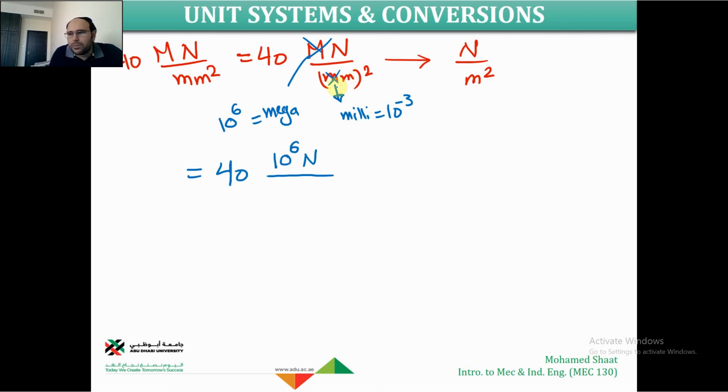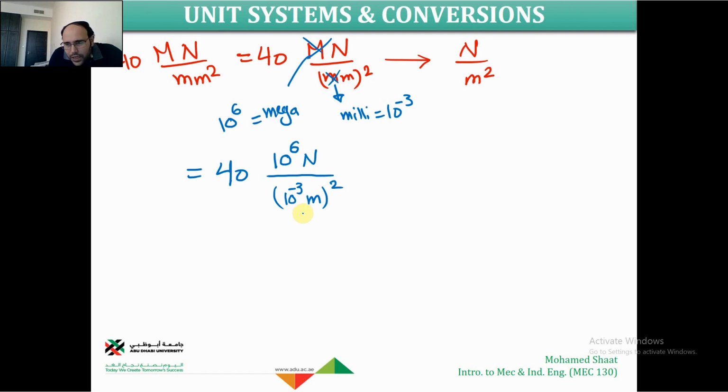How about in the denominator? Now I'm going to move to the denominator. It would seem that you're already dividing, but you are not actually dividing. I need to get rid of m. So I do have this bracket, parentheses, squared, right? And the basic unit, or the main unit, is meter. I need to get rid of this m, which is equivalent to 10 to the power negative 3.